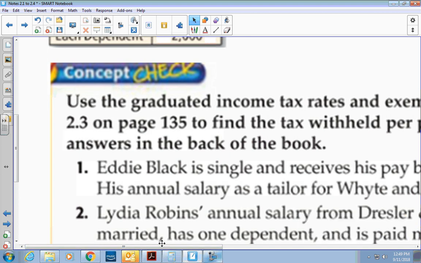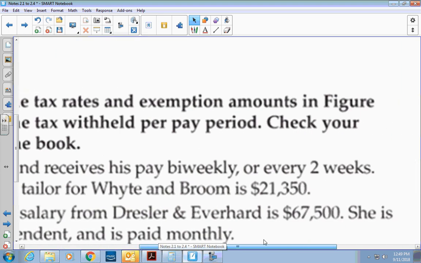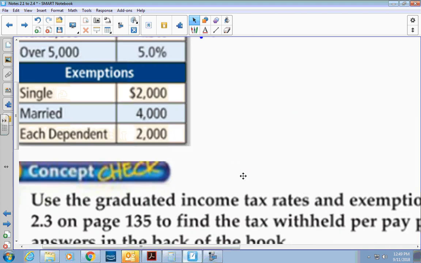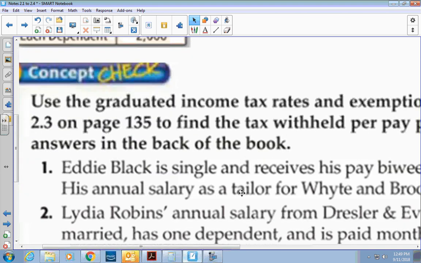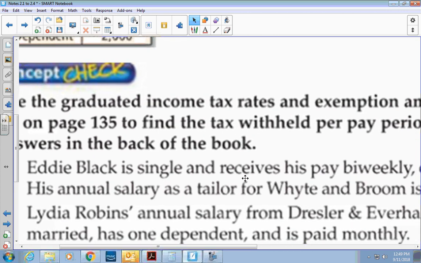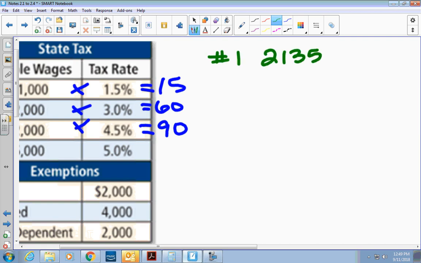So the first thing we do is subtract out our exemptions. So he just has himself. So he's single. So we're going to take his salary, which is $21,350. This is for number 1. He makes $21,350. We're going to subtract out the $2,000 as an exemption.